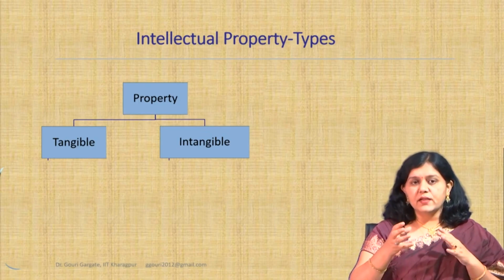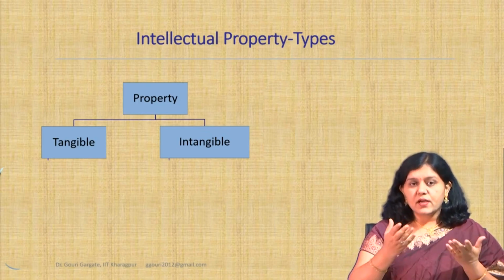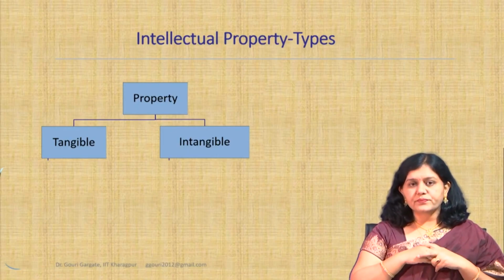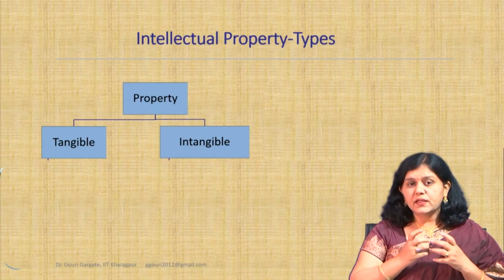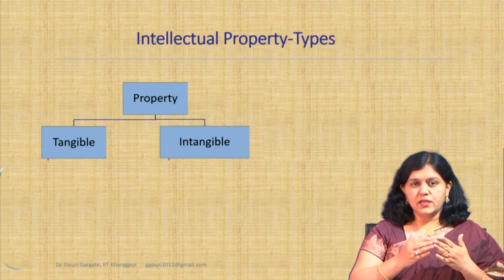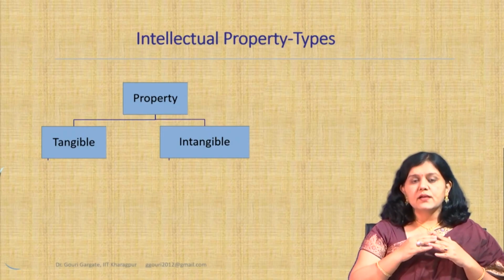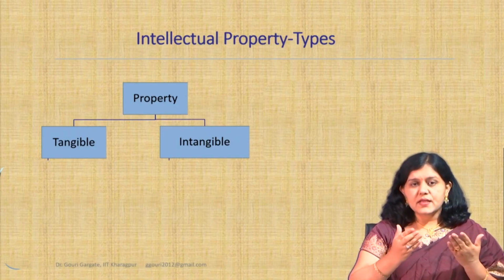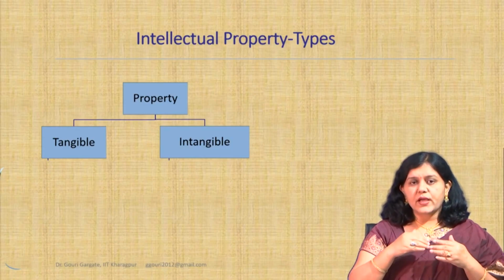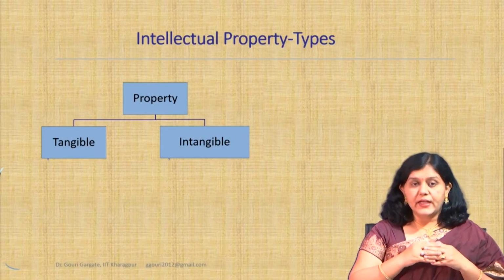That is what we call a tangible property. What do you understand by intangible? Intangible is something which you are not able to see by your eyes, and this is something you cannot touch. That's something which you cannot touch, we call it intangible.